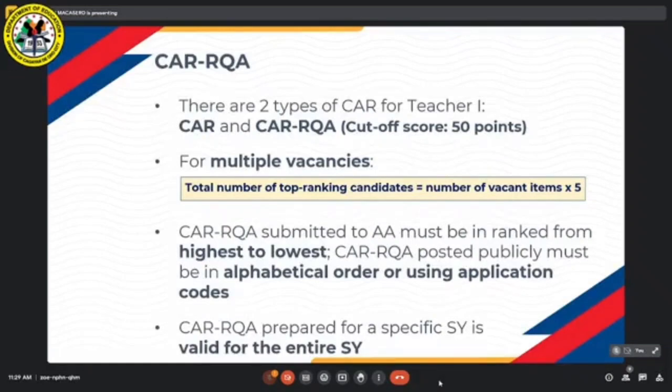You were informed that the cutoff score this time is 50 points to be placed as one of the RQAs, the Registered Qualified Applicants.